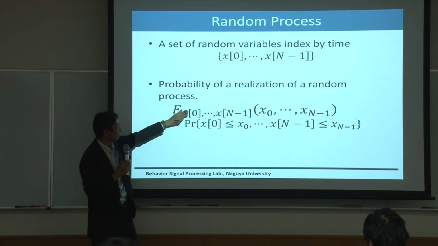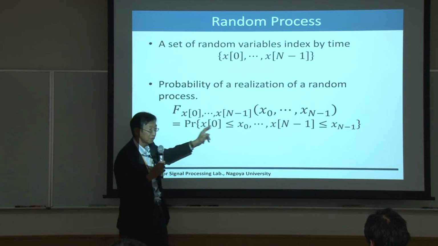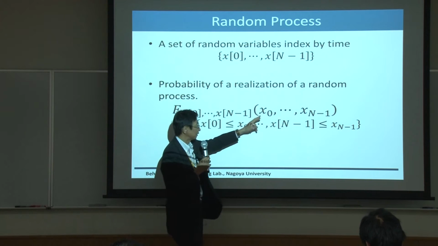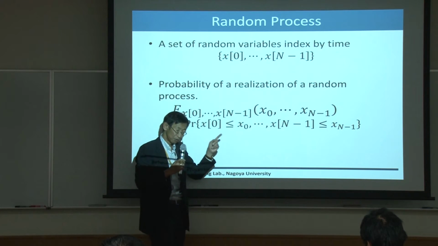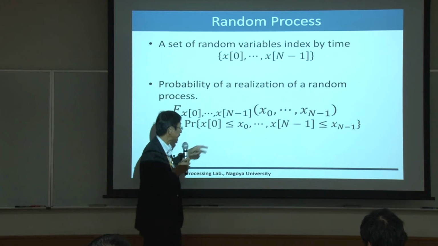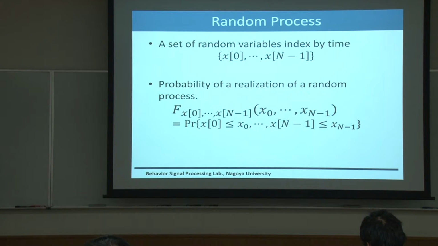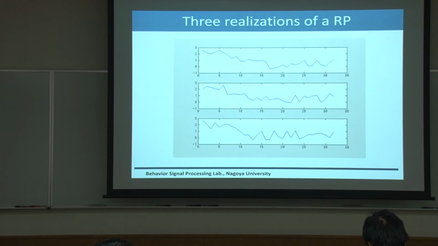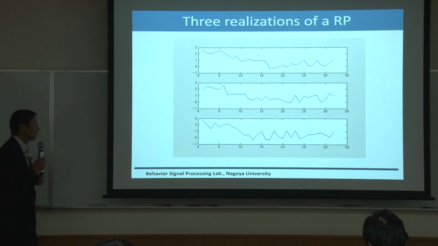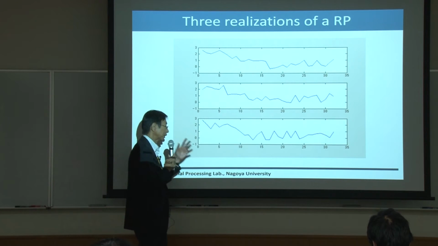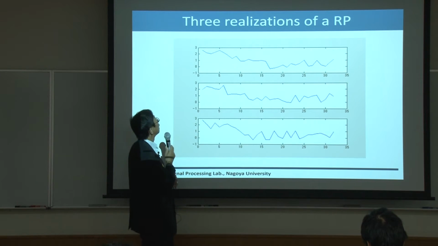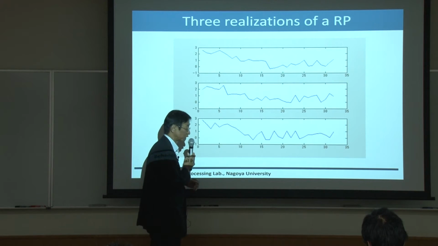We have a number of random variables that are ordered, and each of them of course has the properties of a stochastic variable, like a distribution function, or density function, or average value, or expectation, and things like that.